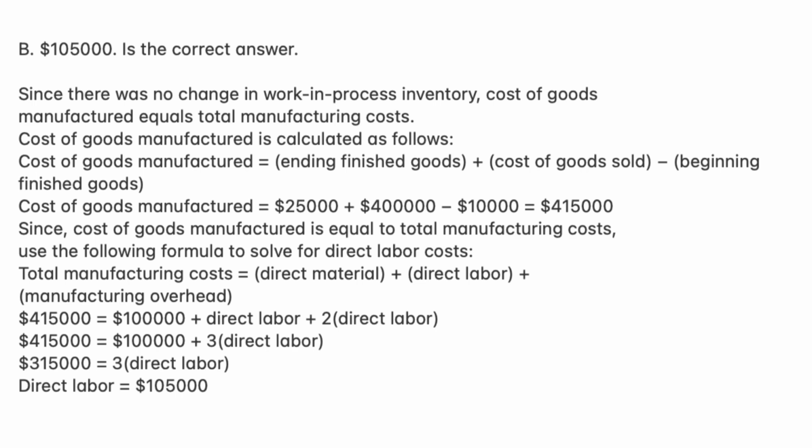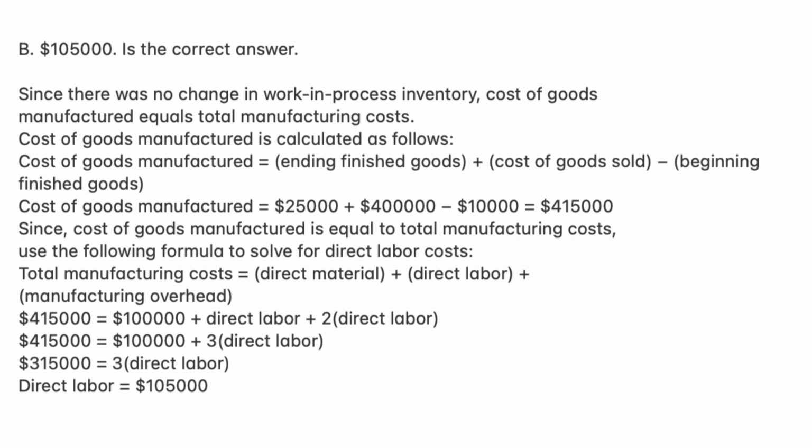Cost of goods manufactured equals $25,000 plus $400,000 minus $10,000 equals $415,000. Since cost of goods manufactured is equal to total manufacturing costs, use the following formula to solve for direct labor costs. Total manufacturing costs equals direct material plus direct labor plus manufacturing overhead.